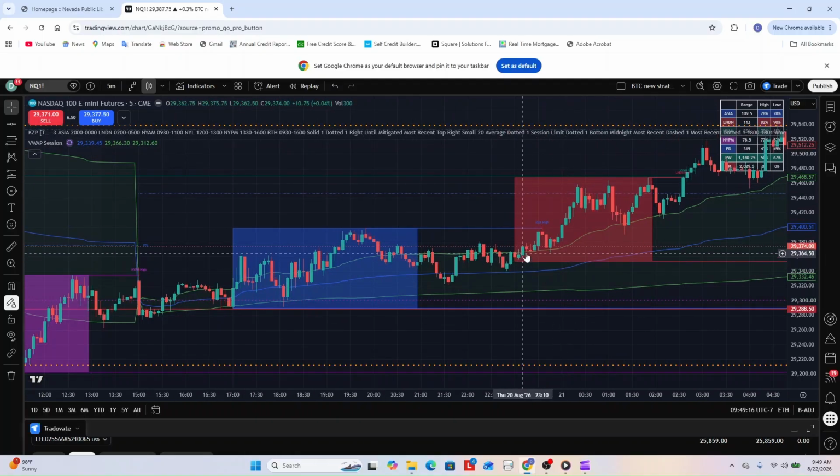So this is the first 15 minutes of London session. So I will be looking for a new session high above this candle right here. Okay. And it is followed by 2 green. And then here we go right here. So we have a new session high and it closed red.